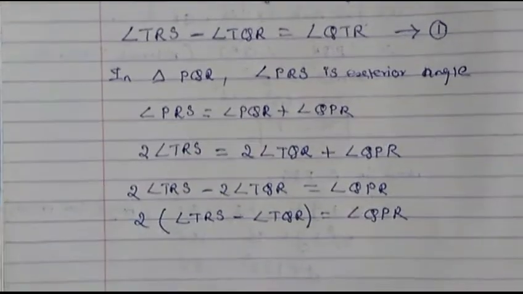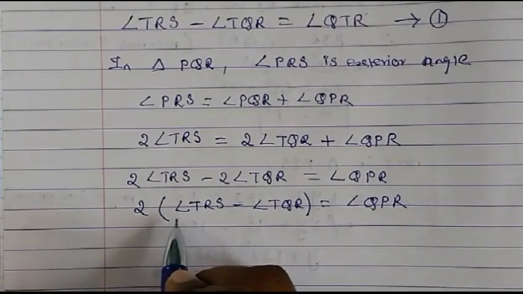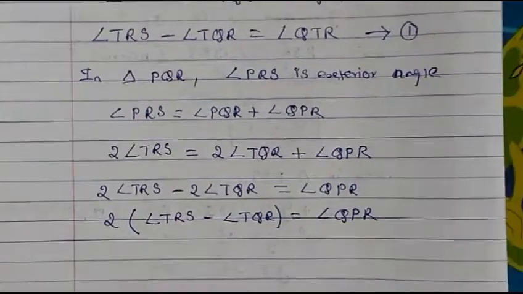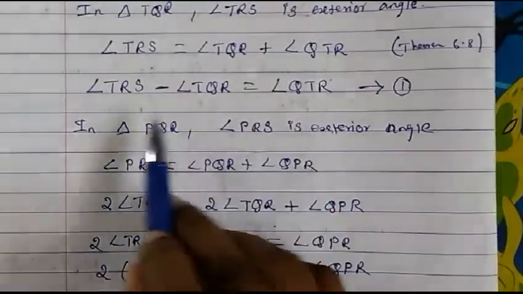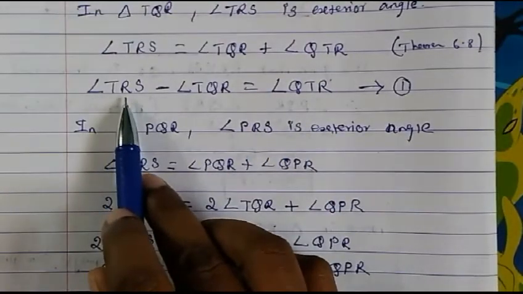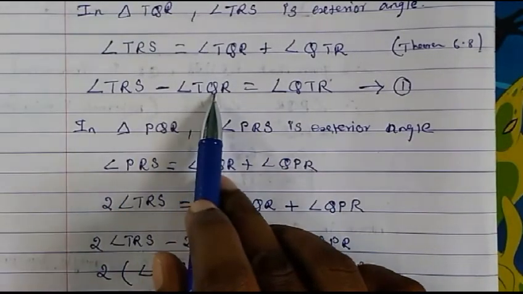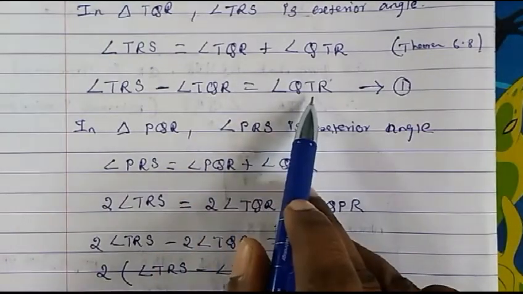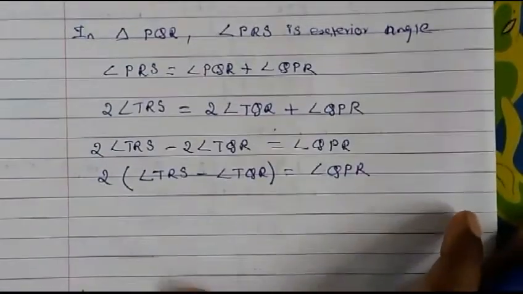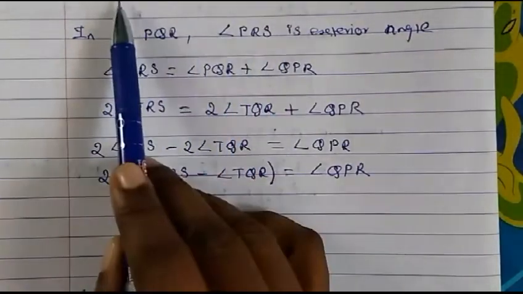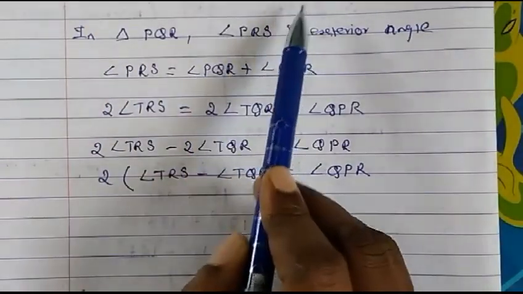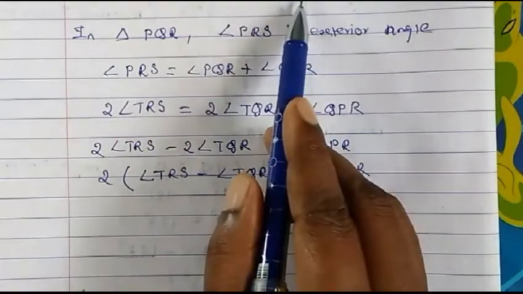Okay, so now see that equation 1. Angle TRS minus angle TQR is equal to angle QTR. So can you see here now? TRS minus TQR is equal to QTR. So instead of this, can we write QTR?